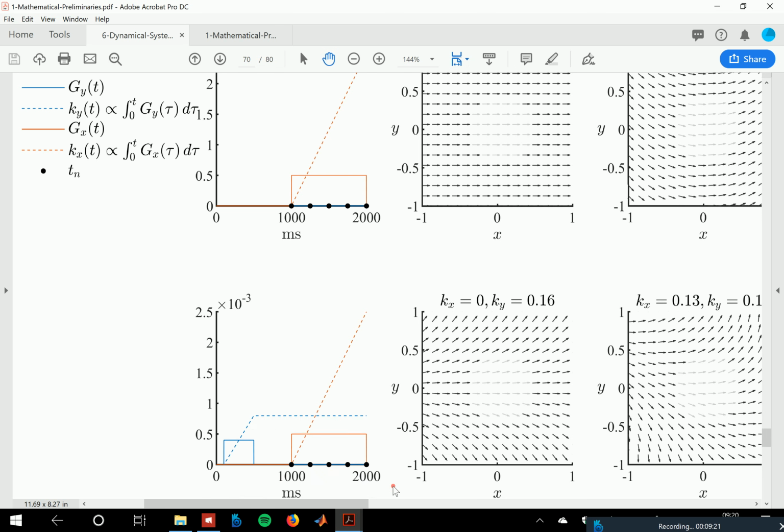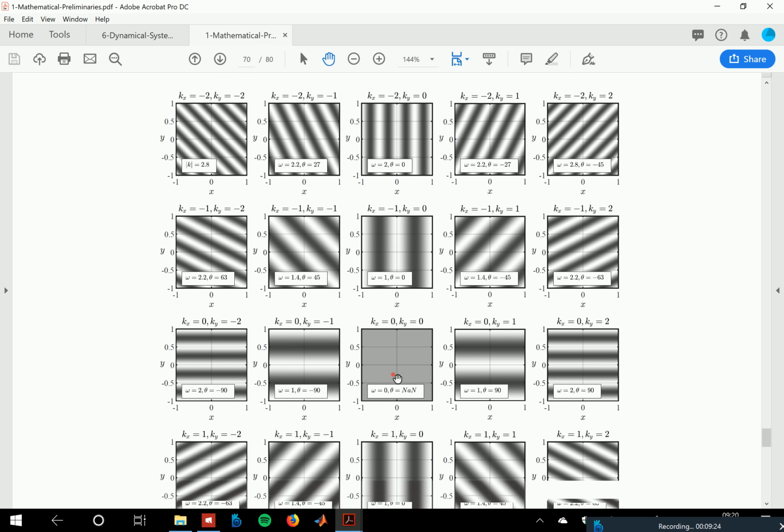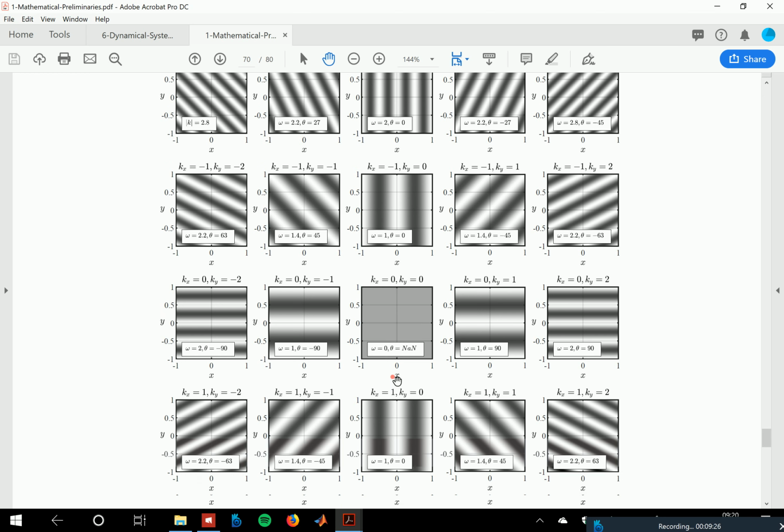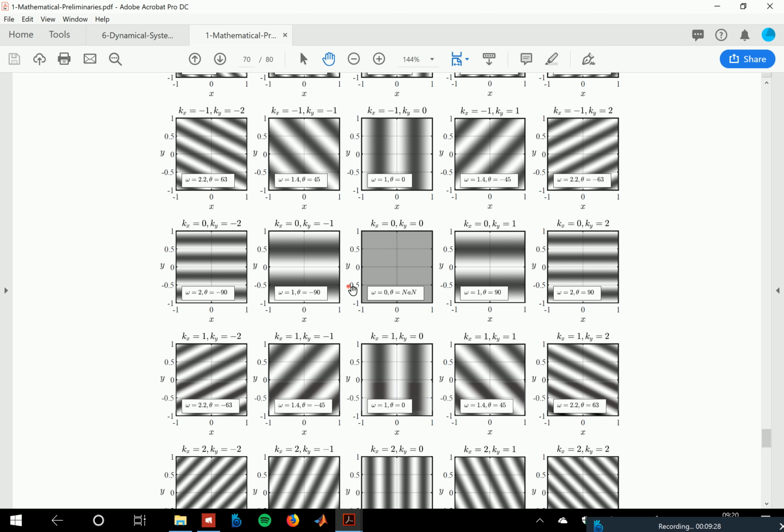So going back to our Fourier basis function view, now we have induced some variation over Y space, and this represents this horizontally aligned pattern of the filter function.